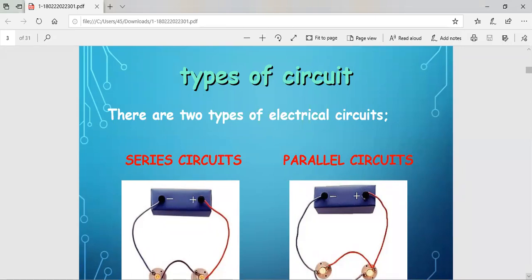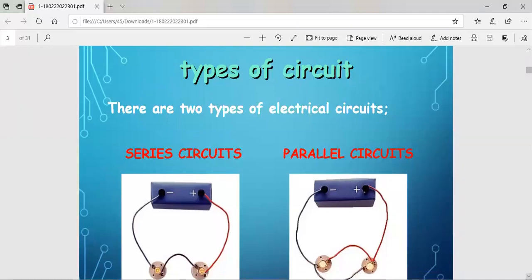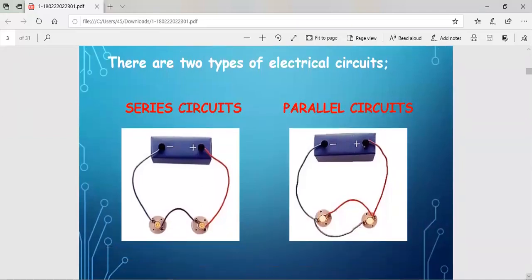So we have seen the basic constituents of the circuit, but we have two kinds of circuits to think about. When we are talking about any circuit in any electric device, we are talking about two kinds of circuits: one of them is series circuit, and the other is parallel circuit. So what do we mean by them, and what is the difference between them?